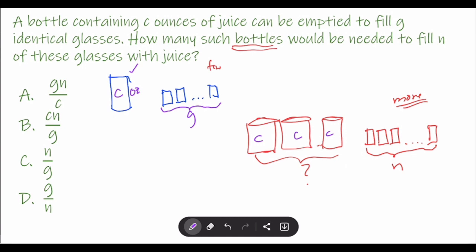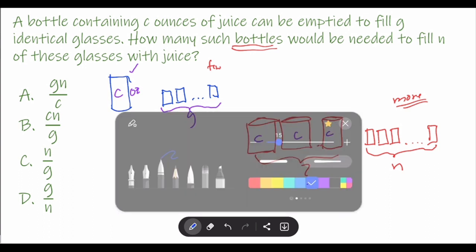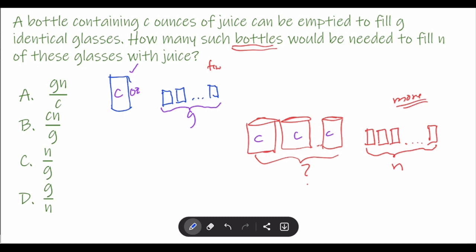Now, to solve this, to make it simpler to analyze, let us put some sample values. So let's say, for example, we'll just make C and G divisible by each other, since we know that we have to divide because one bottle is equivalent to G number of glasses. So we'll just name it 30 and then 5, for example, because 30 is divisible by 5. So 30 ounces, and there are 5 glasses.